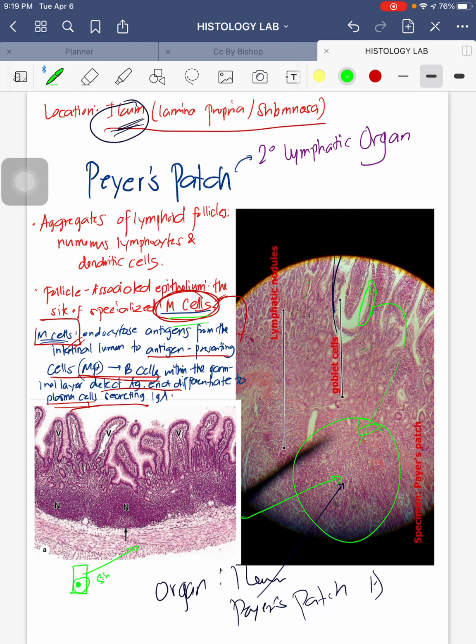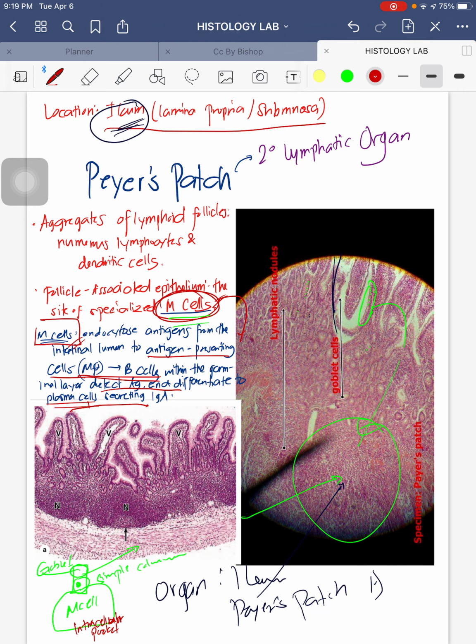This is a simple columnar epithelium, and usually this can be a goblet cell on top. Your M cell will be in the middle, okay? It will be the middleman, and beneath your M cell is an intracellular pocket, as defined by the book.